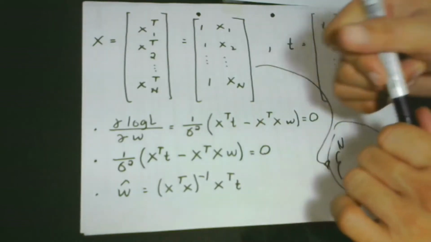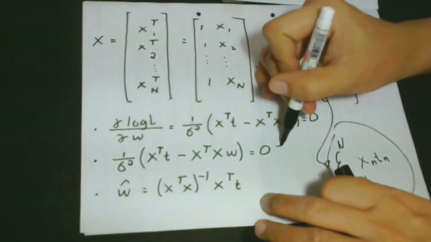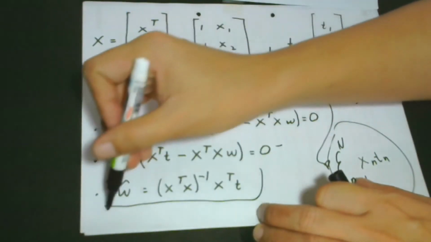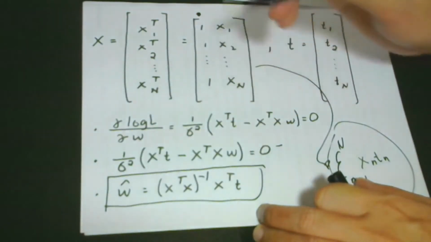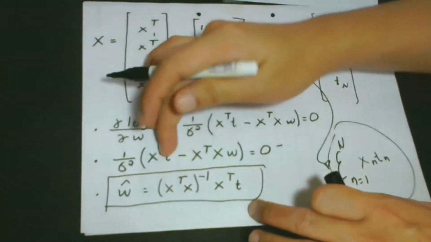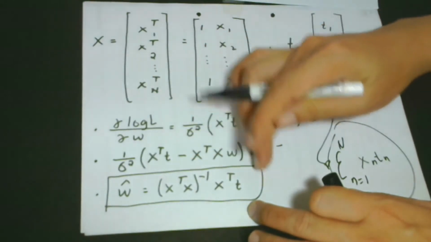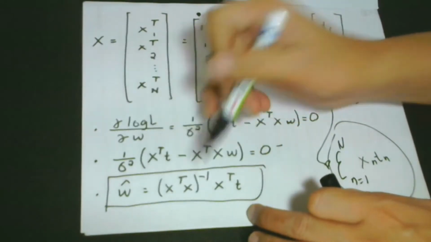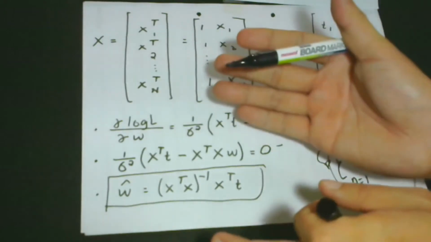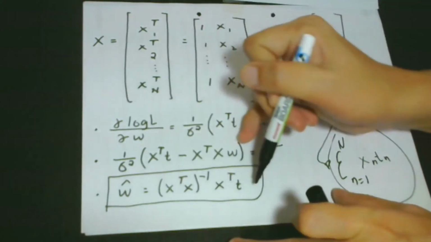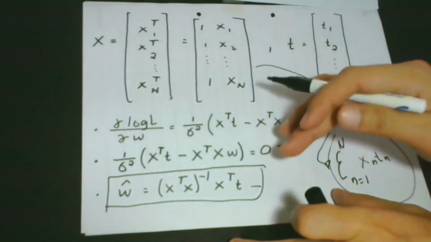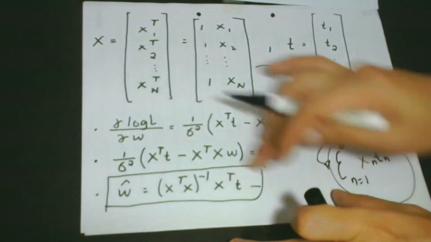And then when you do it like this, the end result would be like this. Now, this is the maximum likelihood solution for w. And when you solve using different numbers, the result of this would be the maximum likelihood of the parameter w.